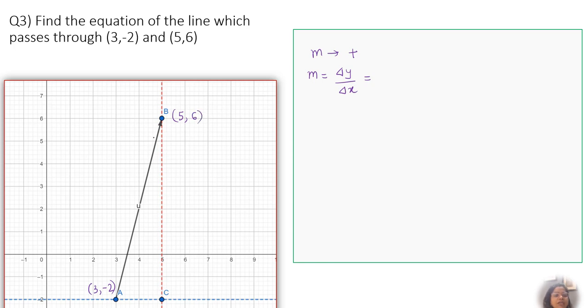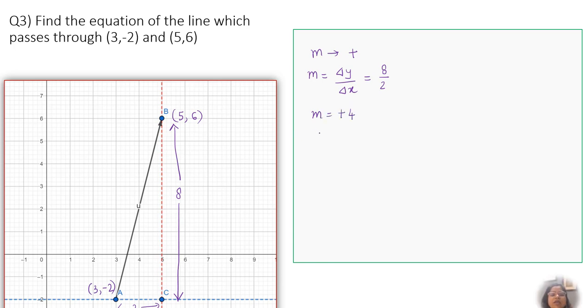So the change in y is going to be 6 minus -2, which makes the change in y 8 units. And similarly, for the change in x, we go 5 minus 3, which is 2. So substituting that, we get 8 over 2. So hence the gradient of the line is +4.